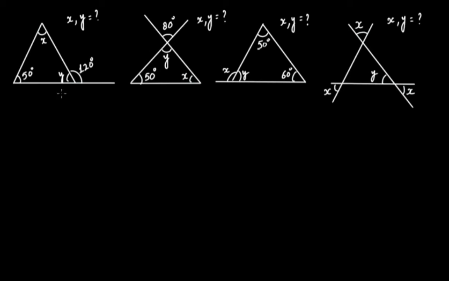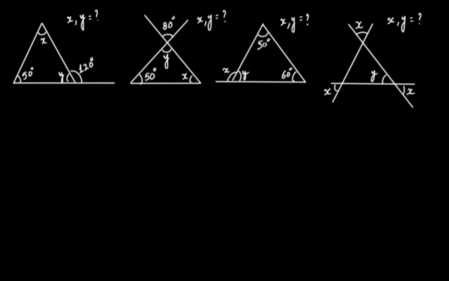In these problems, you have to find the value of x and y in each of these diagrams. In this case, you'll use both angle sum property and the exterior angle property, because you can see that we are now dealing with exterior angles as well in each of these cases.